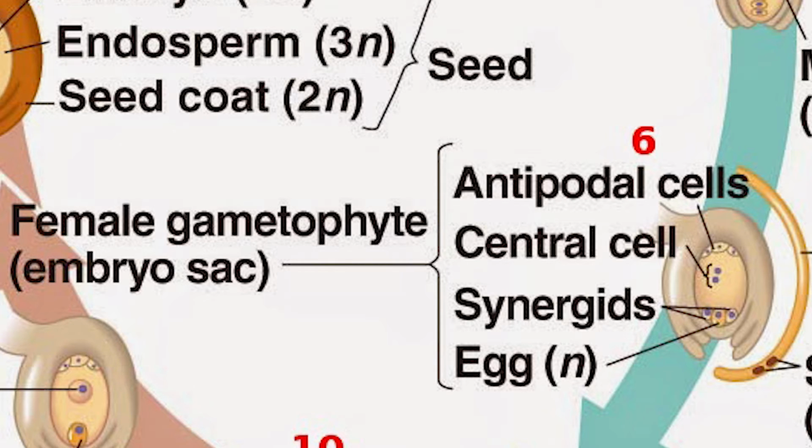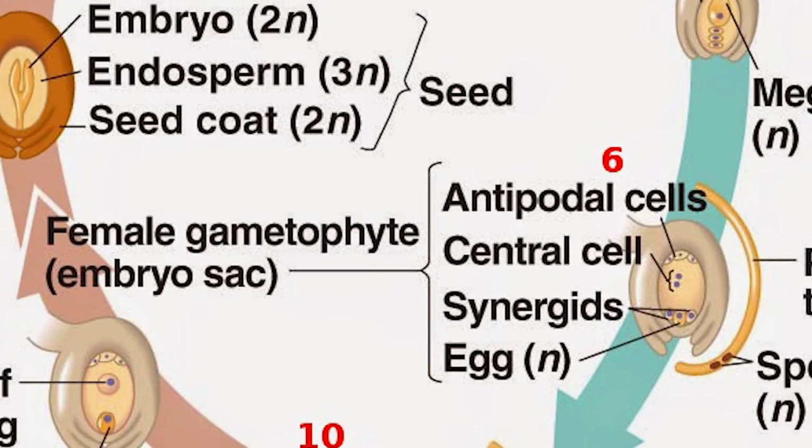When cell walls form around the nuclei later, there are 7 cells. One of them will be binucleate. Okay, the 7 cells, which are 1 egg cell, 2 synergid cells, 1 central cell with 2 polar nuclei and 3 antipodal cells, will eventually become part of the double fertilization event.